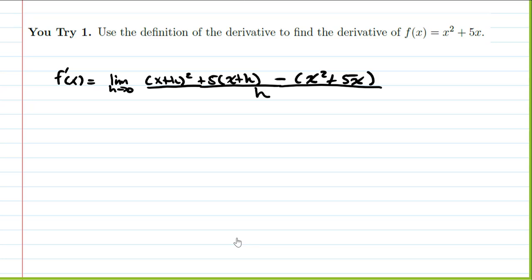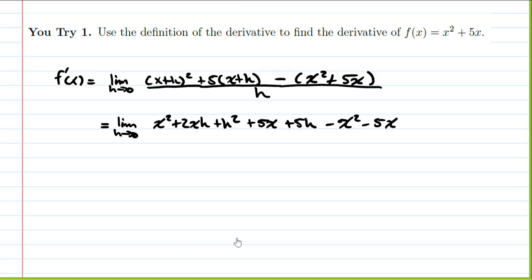So then we need to multiply all of this out. So x plus h squared is x squared plus 2xh plus h squared. Distributing the 5 in, we get 5x plus 5h. Distributing our minus sign in, we get x squared minus 5x, all divided by h.